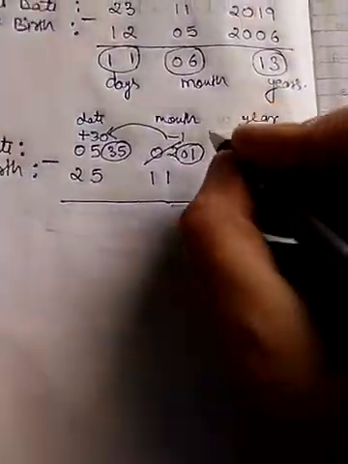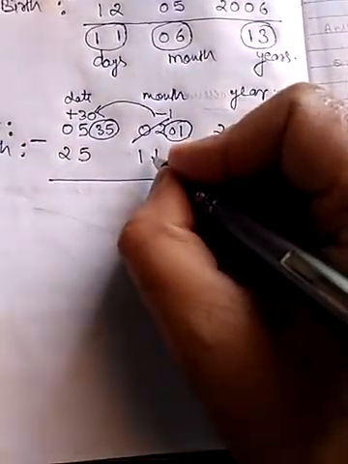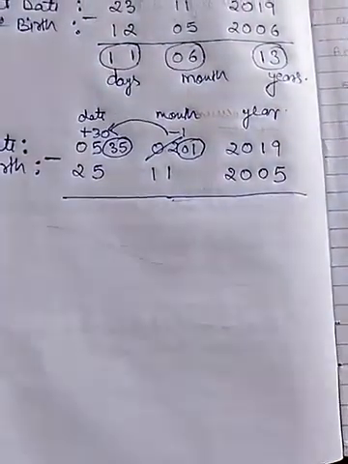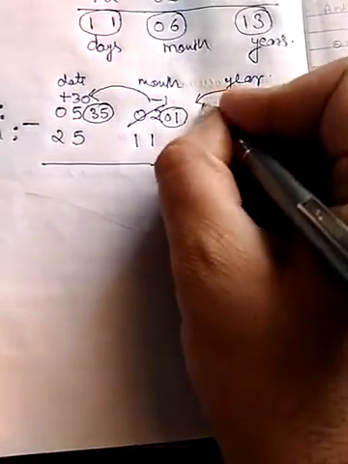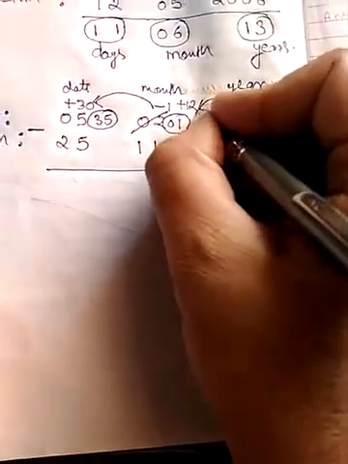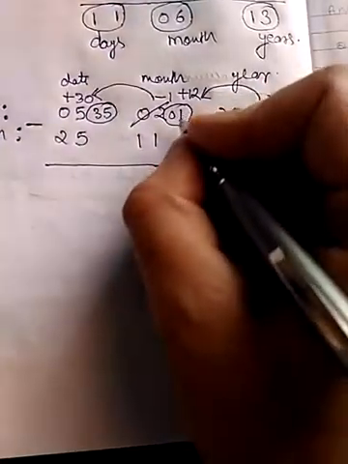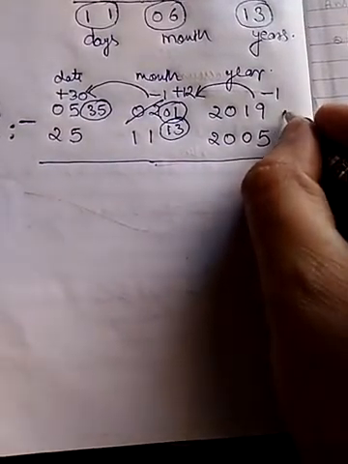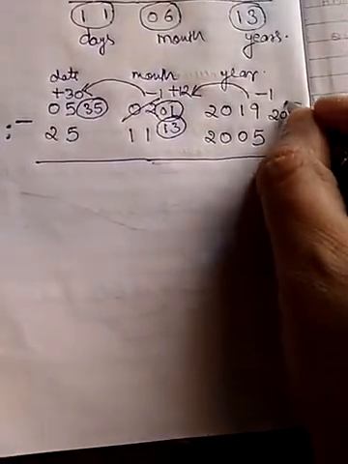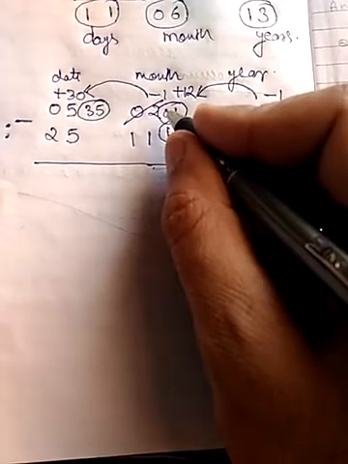Means we have borrowed the 30 days from this month. Now again we have to subtract 11 from 1, which is not possible. Let us borrow 12 months from here. So here add 12 and subtract minus 1. Now this will become 13 and this will become 2018. Means we have borrowed 12 months from this year.